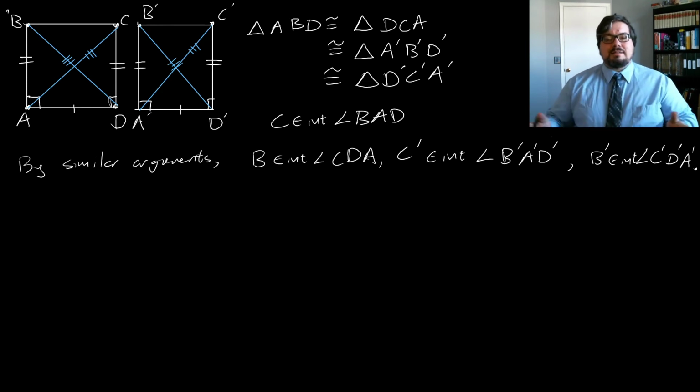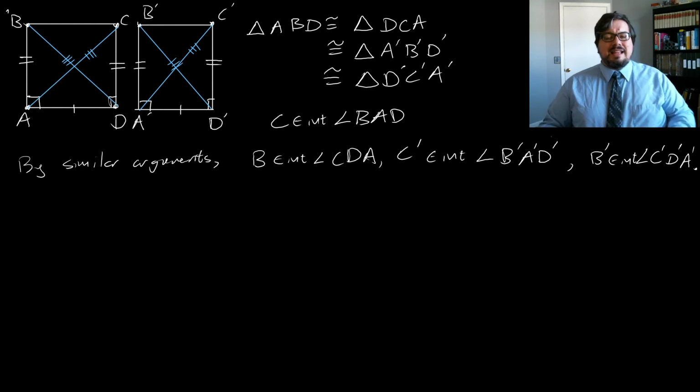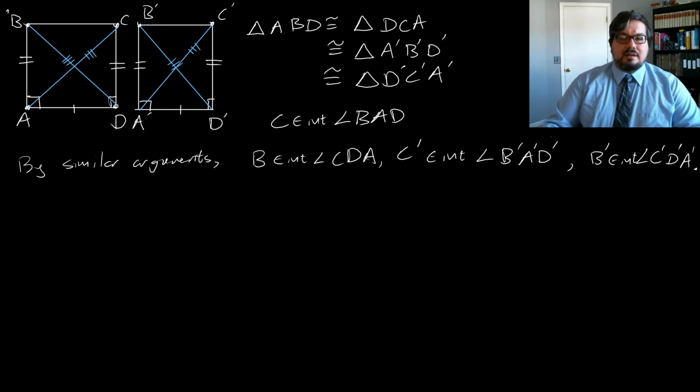So we've got a lot of congruences. We know that our sketch is essentially correct in terms of where points lie in the interiors of their opposite angles. And so we can go on from here.